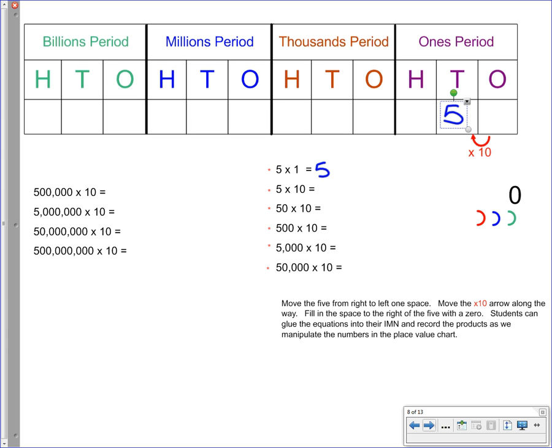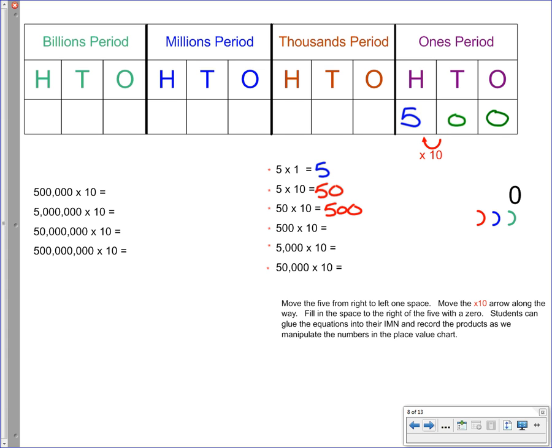That gives me 50. Okay, so let's take our 50. And what happens if I multiply that 50 times 10? Take my 5, put it over here, add a 0, and I get 500.